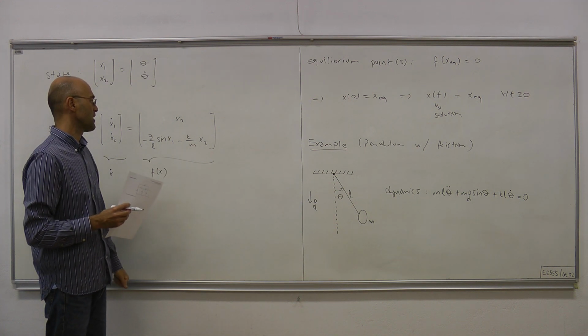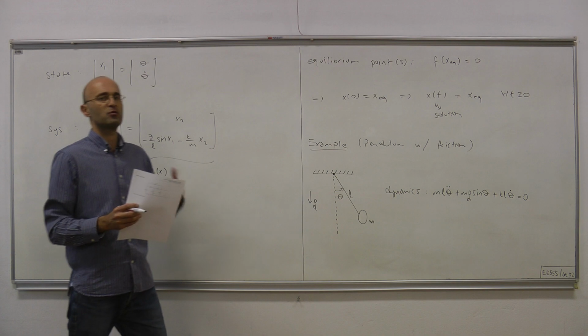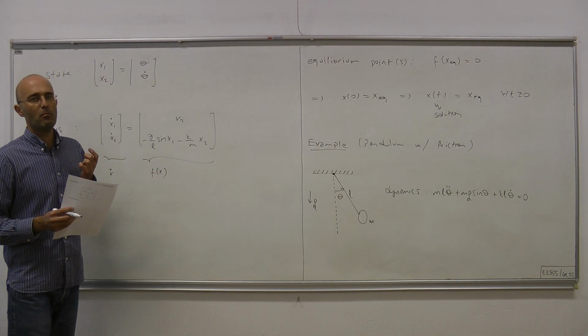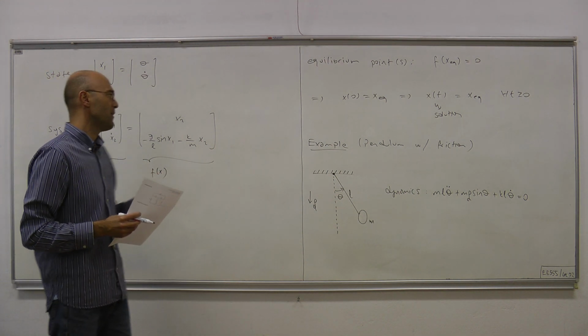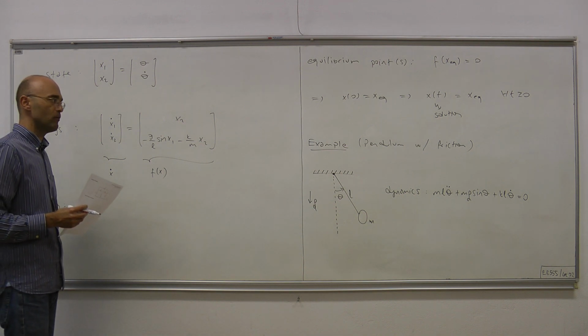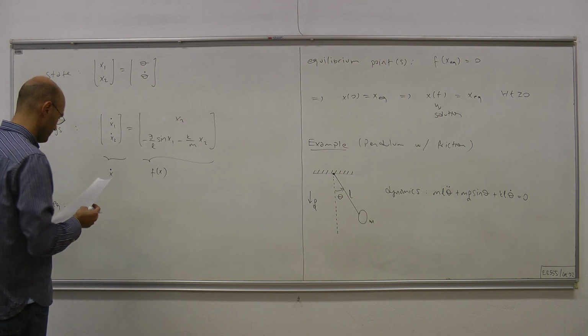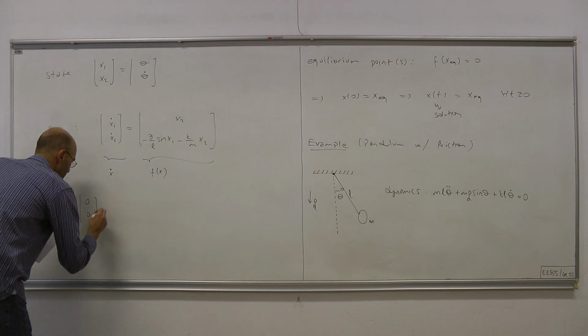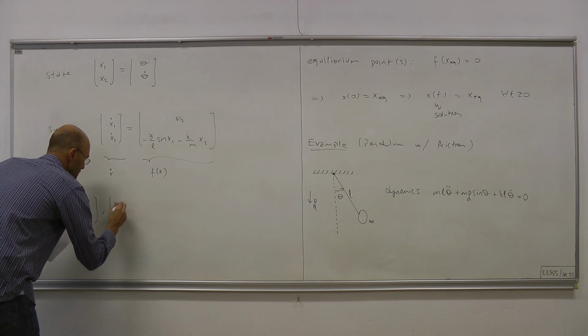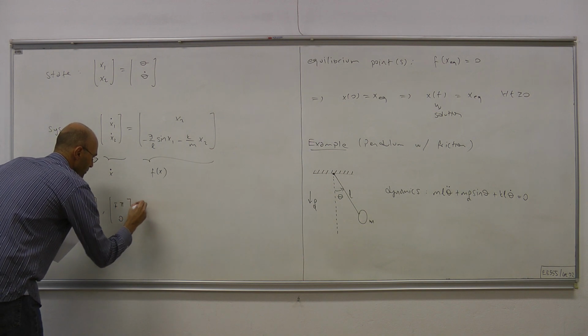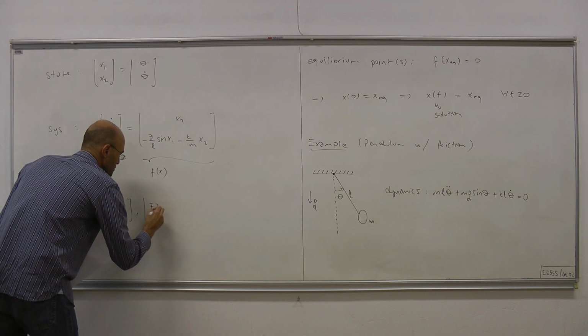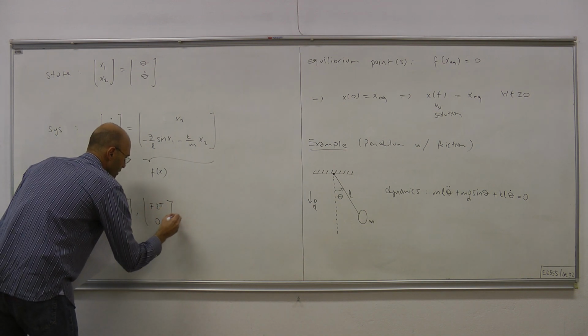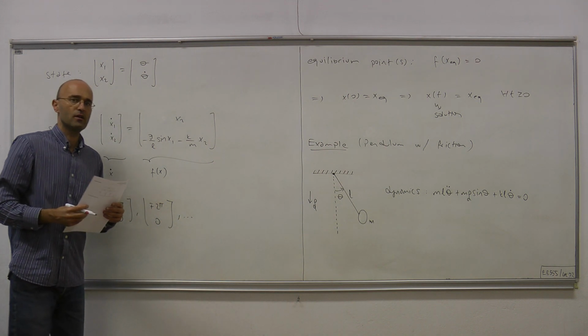And if sine x1 equals 0, that means x1 must be an integral multiple of pi. That produces a family of equilibrium points that are isolated. The equilibrium points are (0, 0), (plus minus pi, 0), (plus minus 2 pi, 0), and so on.